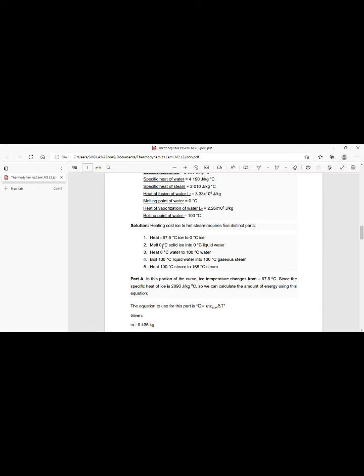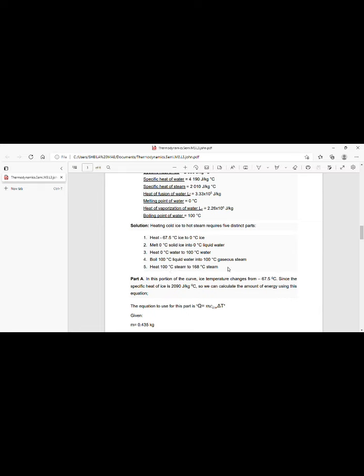Part 2, melt 0 degrees Celsius solid ice into 0 degrees Celsius liquid water. 3, heat 0 degrees Celsius water to 100 degrees Celsius water. Number 4, boil 100 degrees Celsius liquid water into 100 degrees Celsius gaseous steam. 5, heat 100 degrees Celsius steam to 168 degrees Celsius steam.